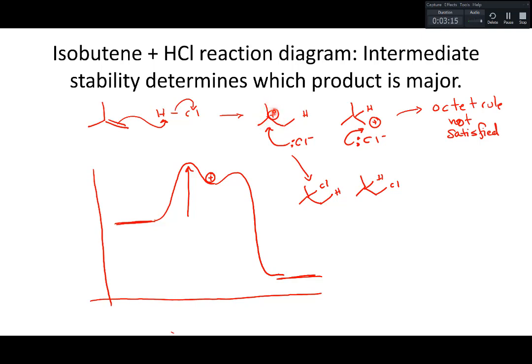There's carbons on each one of these points, CH3s in fact, that are donating electron density to this positive charge. This one only has 1 alkyl substituent. This whole thing is an alkyl substituent on it. So here's the deal. The tertiary carbocation is going to be lower in energy than the primary carbocation.